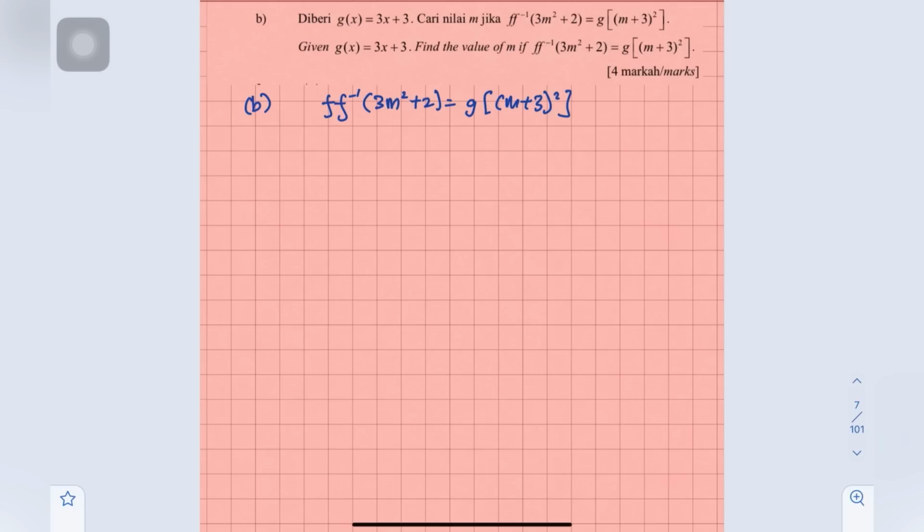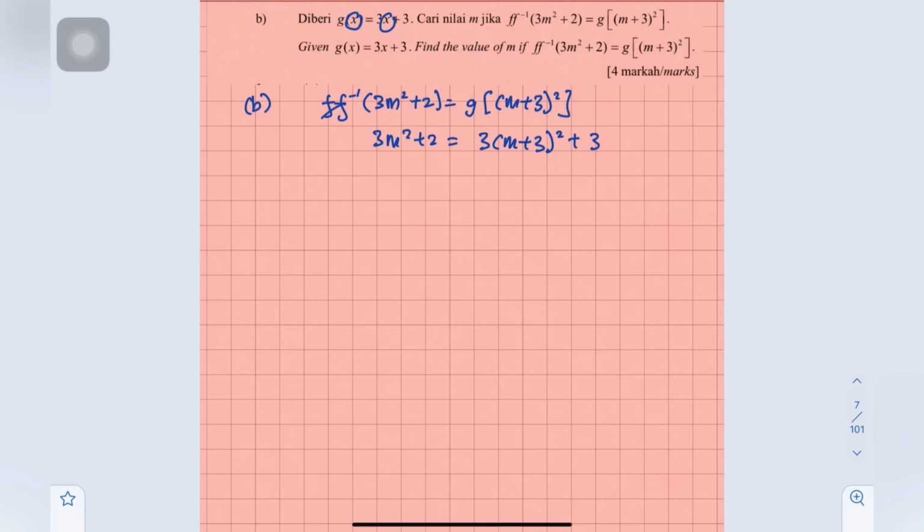So this one, f f inverse, we can eliminate. So this one is 3m squared plus 2 equals, okay, we substitute into function g, x we substitute with (m plus 3) squared. So 3 times (m plus 3) squared plus 3.